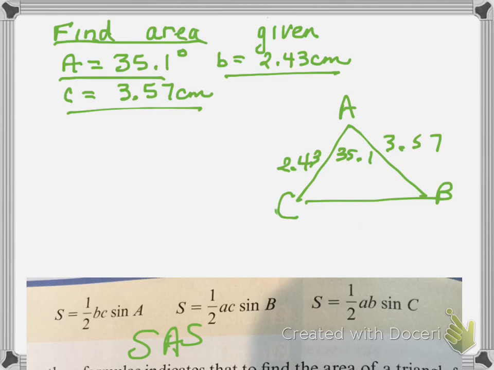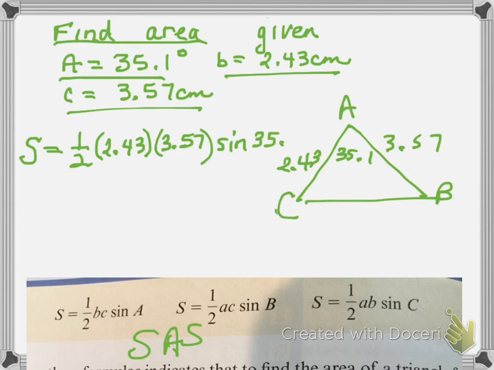All right, so if I plug in the information, I know area is equal to 1/2 of my 2 side lengths multiplied together. So that would be 2.43 times 3.57 times the sine of angle A, and angle A is 35.1.